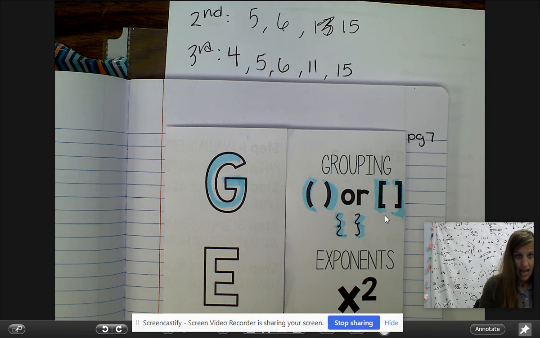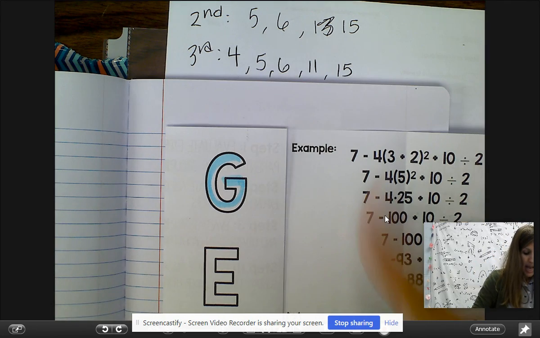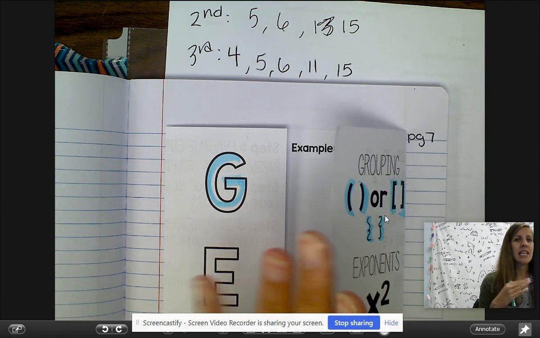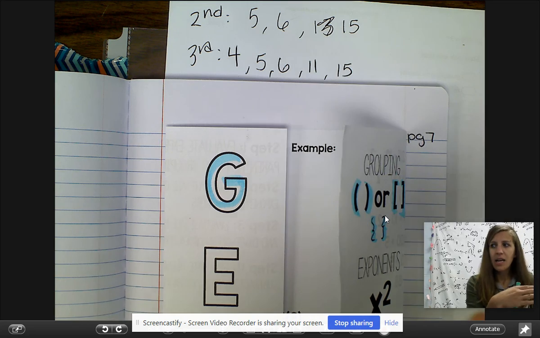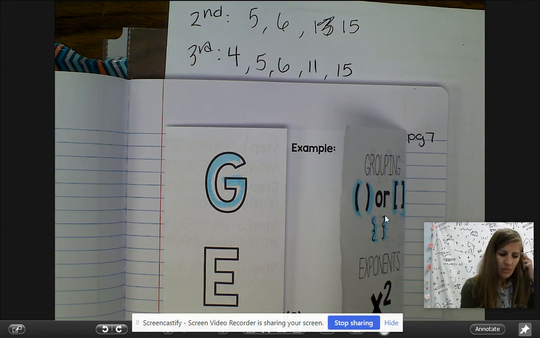The next thing that we look for, when I'm looking at a big problem, like a big honking problem like that, you're scanning through the whole thing. It's very unlike reading a story. When you're reading a story, you're just reading from left to right. That's it.